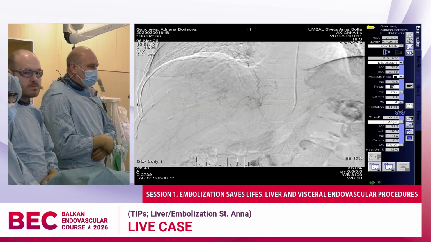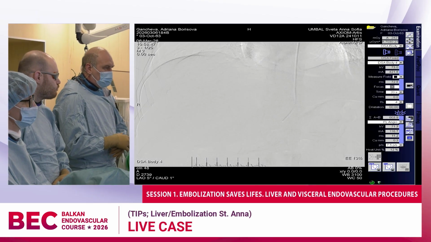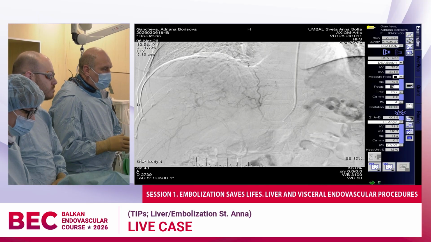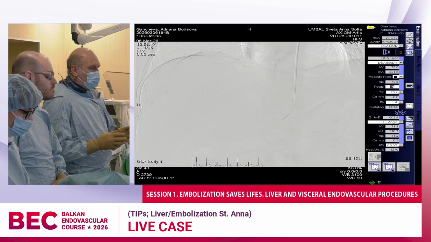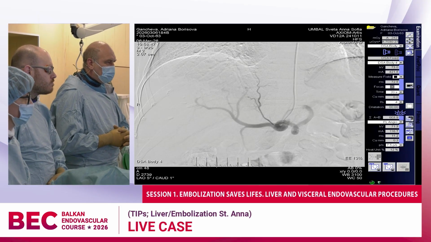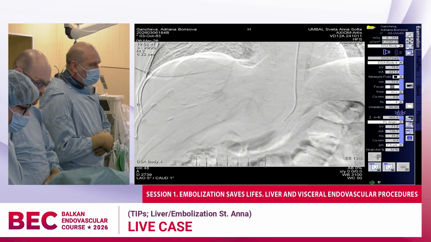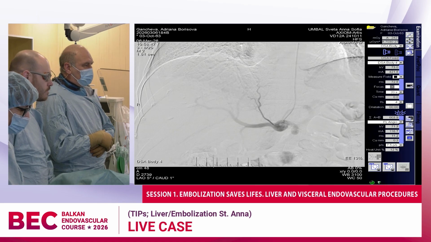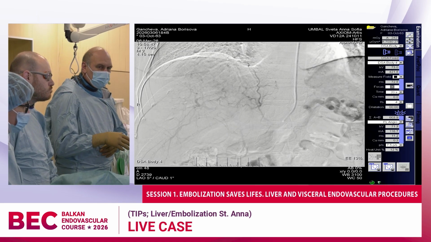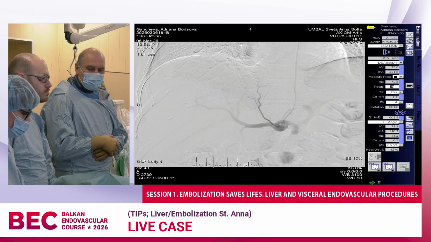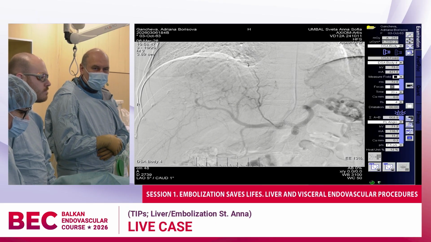Now we are selectively having the picture of the whole anatomy. And you may notice that in this situation we have three branches coming out from the common hepatic, which is left, right, and in this situation we have a so-called middle hepatic, which is supplying the fourth segment, and that's where we want to go.